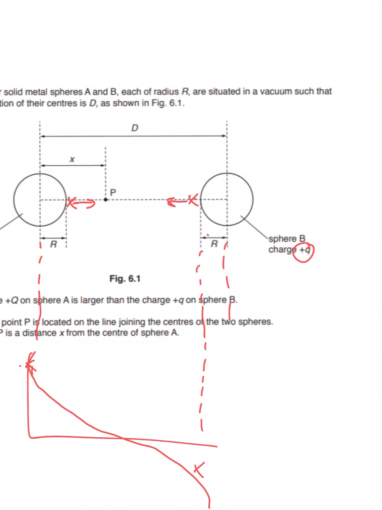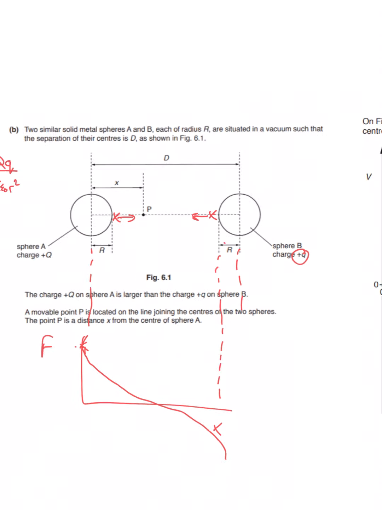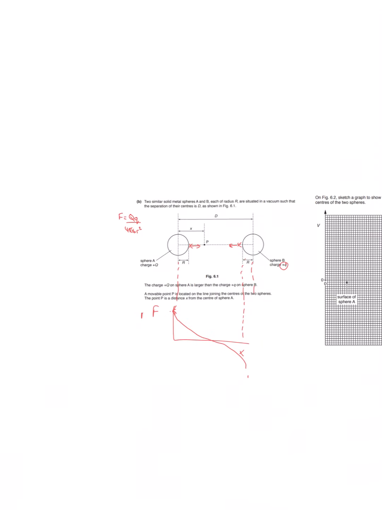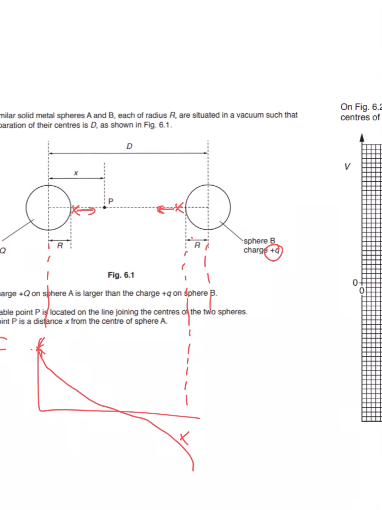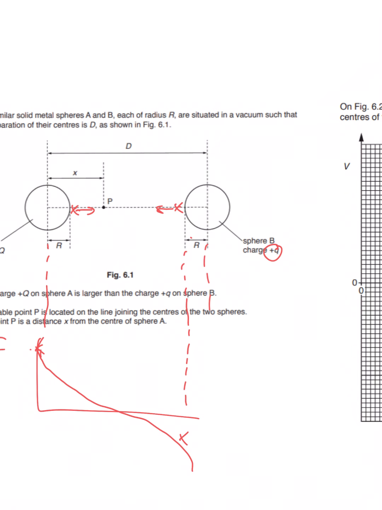So again, let's just look at these two spheres. Now, if I was to zoom way out, what we would see is that they would act like a single point charge. So if you imagine me getting a test charge, and just bringing it from infinity towards these spheres, that's kind of what I'm being asked about.